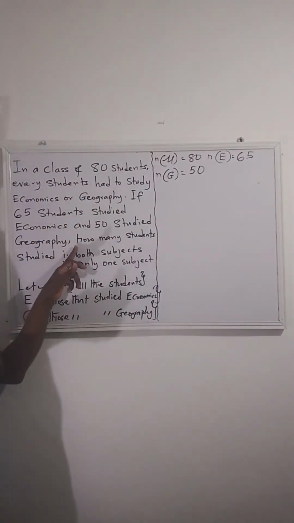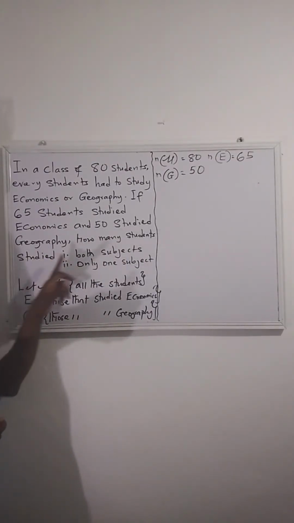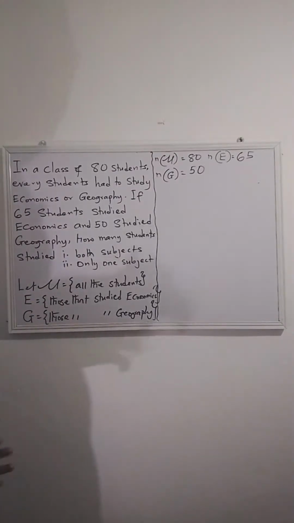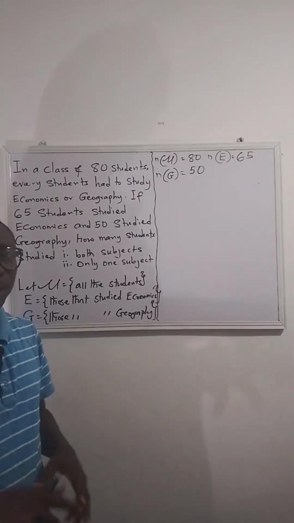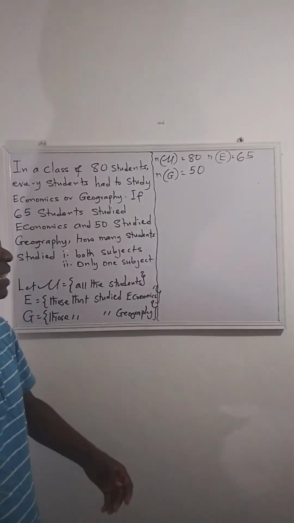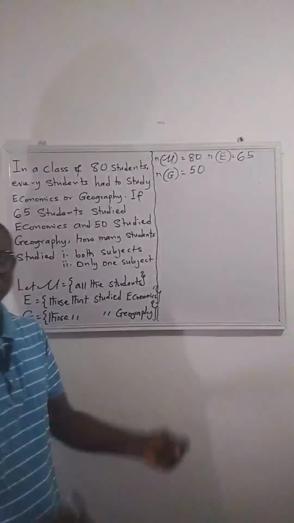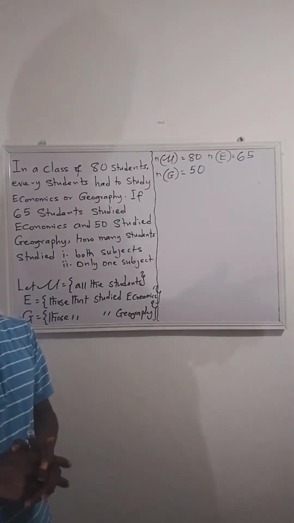So now let's look at it. The question said, how many students studied both subjects? We don't know the number of those that study both subjects. Now, if I say both subjects, do you know the meaning of that? That is, those students that are in economics class and are also in what? In geography class. All right, so how are you going to write that mathematically?